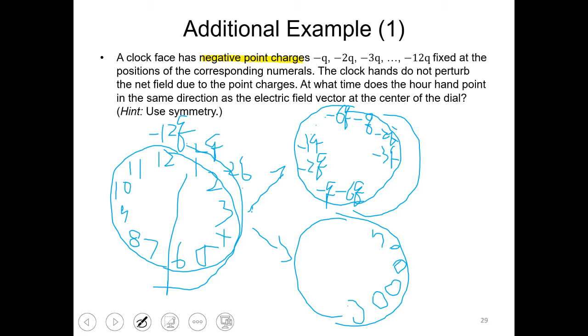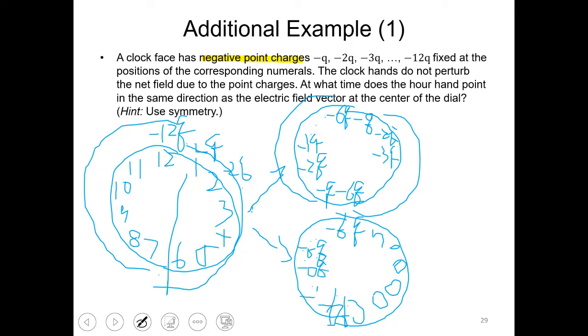And if we subtract this side by this side, then we will have minus 6Q all the way to here. So we have six minus 6Q from 7, 8, 9, 10, 11, 12.